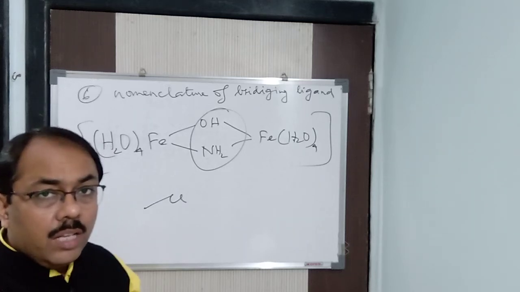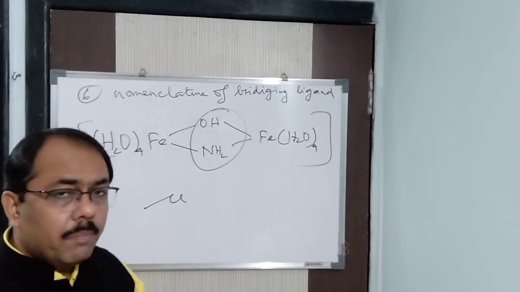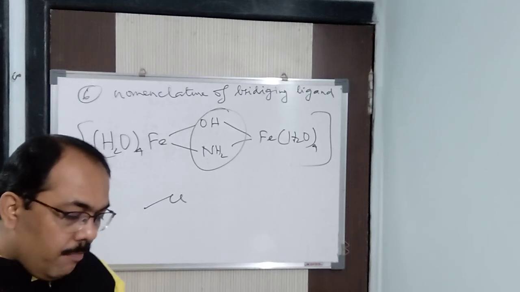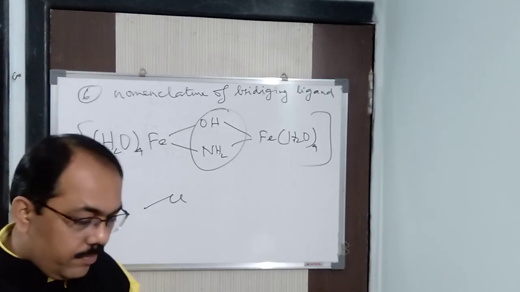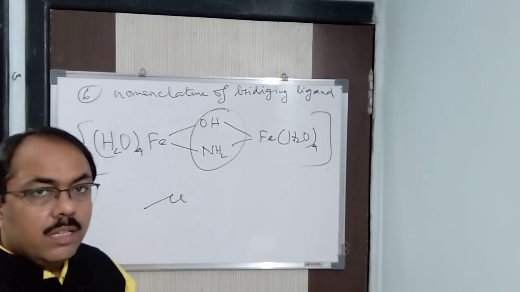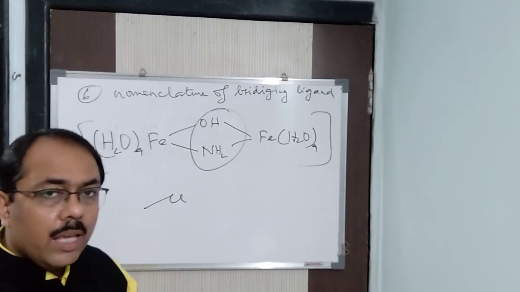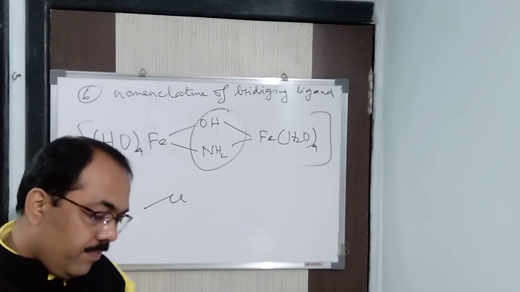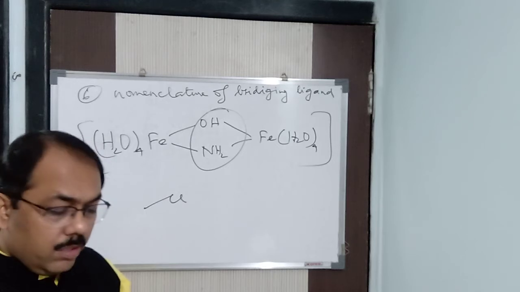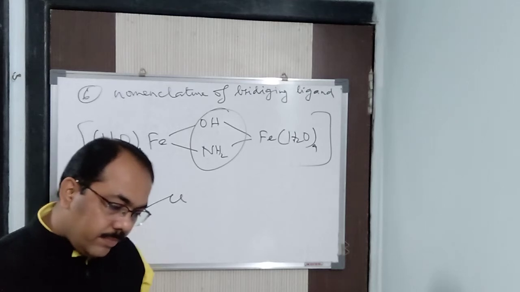The name of the ligand is separated from mu by a hyphen. Bridging ligands are also written in alphabetical order.